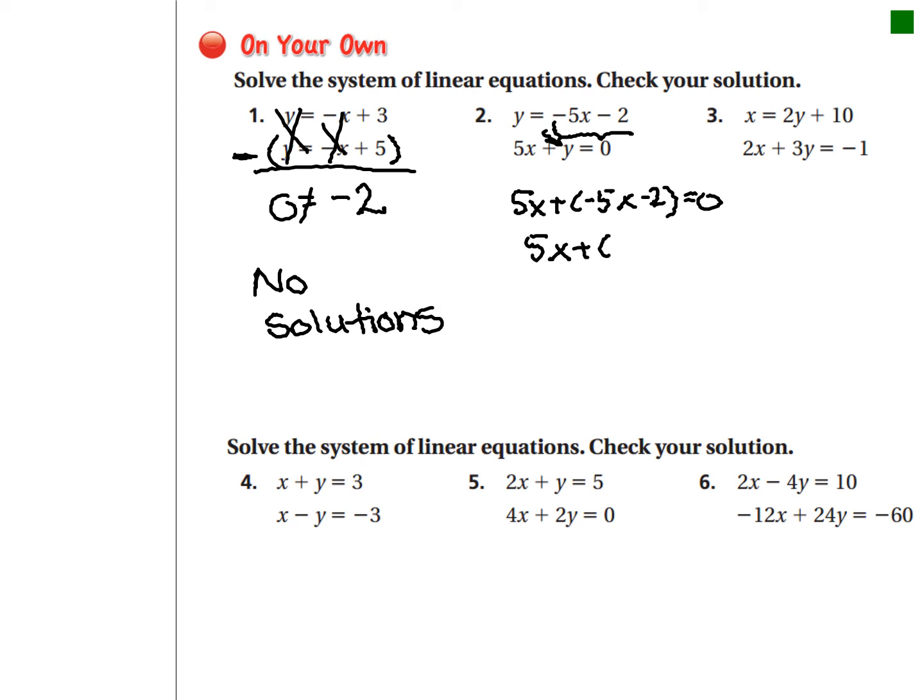I forgot the parentheses. 5x plus negative 5x, oh, that cancels out. Does negative 2 equal 0? The answer is no. So this is also a no solution.